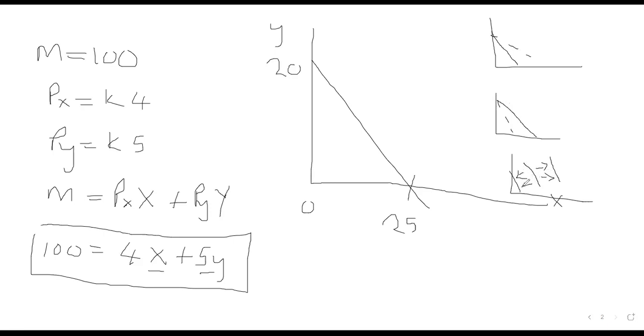So this is what consumer behavior is really all about. So you are told that your income is 1,000 and the price of good X is 20 kwacha. And the price of good Y is 10 kwacha. Let me come up with a budget line.